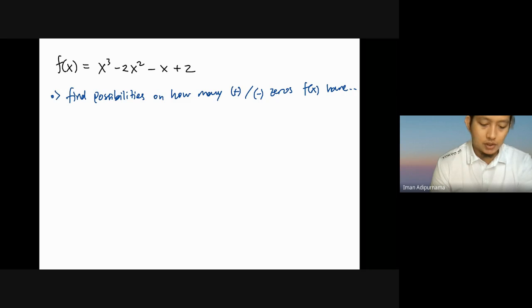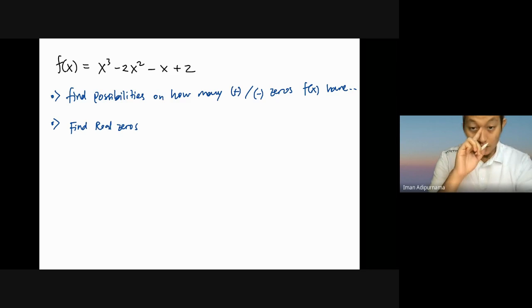And then the question may ask to find the real zeros.